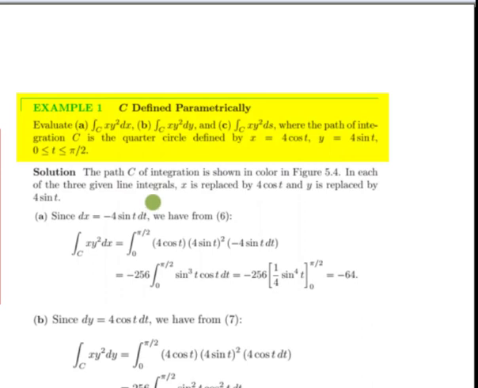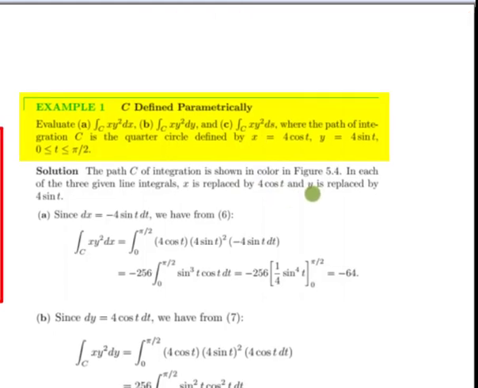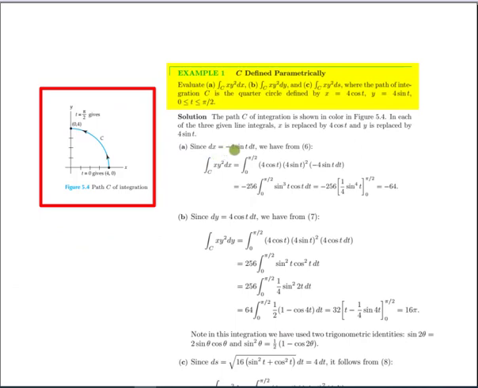Now we replace x in the integral by 4 cos t and y by 4 sin t. Now dx equals minus 4 sin t dt.